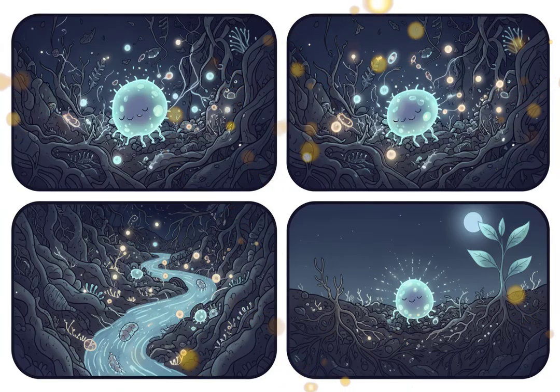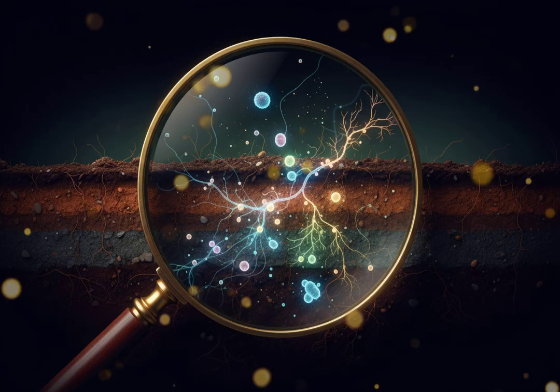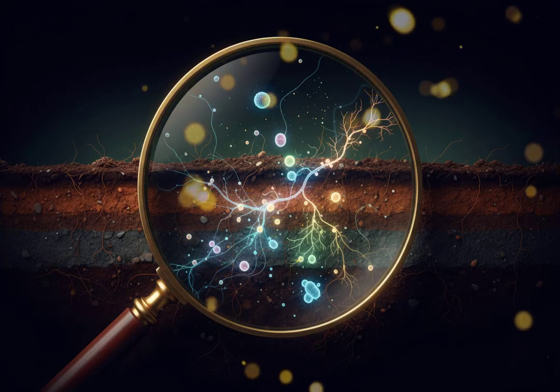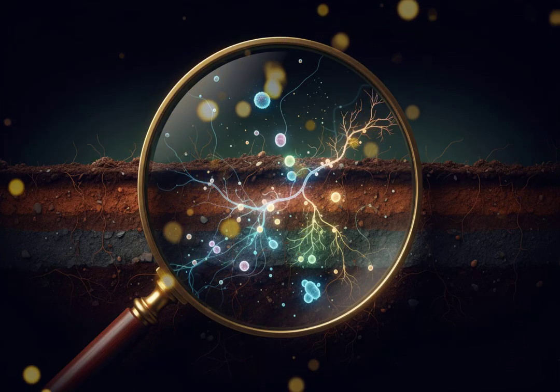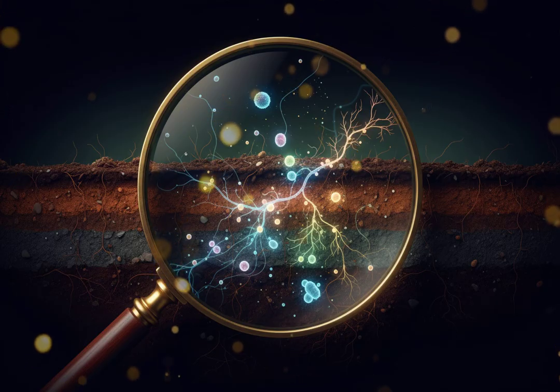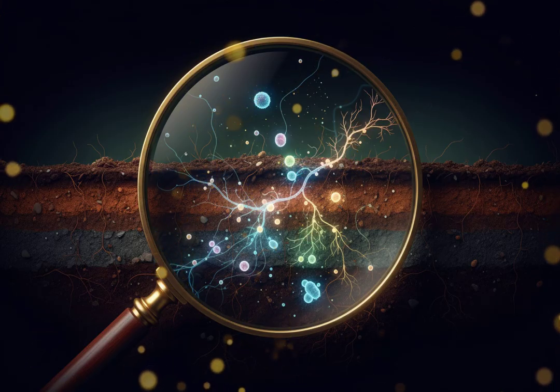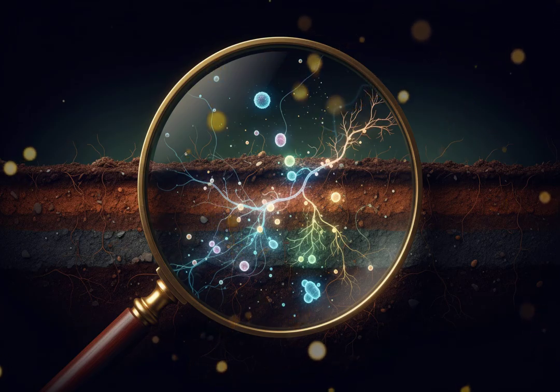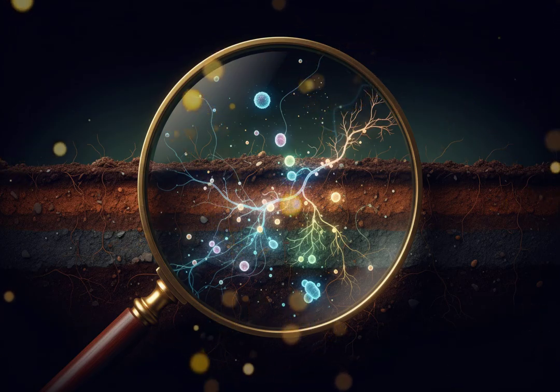Consider the implications of this technological leap. With these tools, researchers can identify not only the species present in the soil, but also the roles they play within their ecosystems. This is akin to opening a book that had long been closed, revealing chapters filled with stories of cooperation, competition, and adaptation.